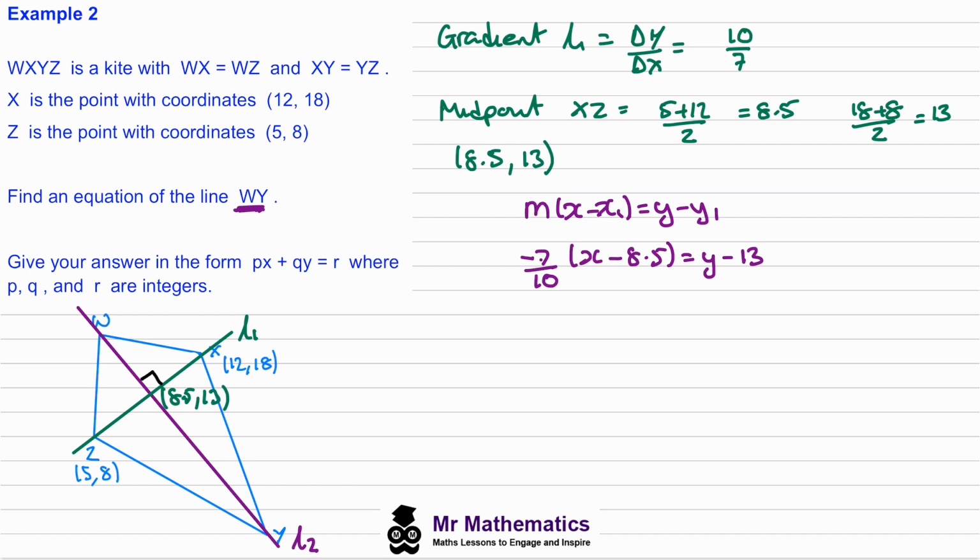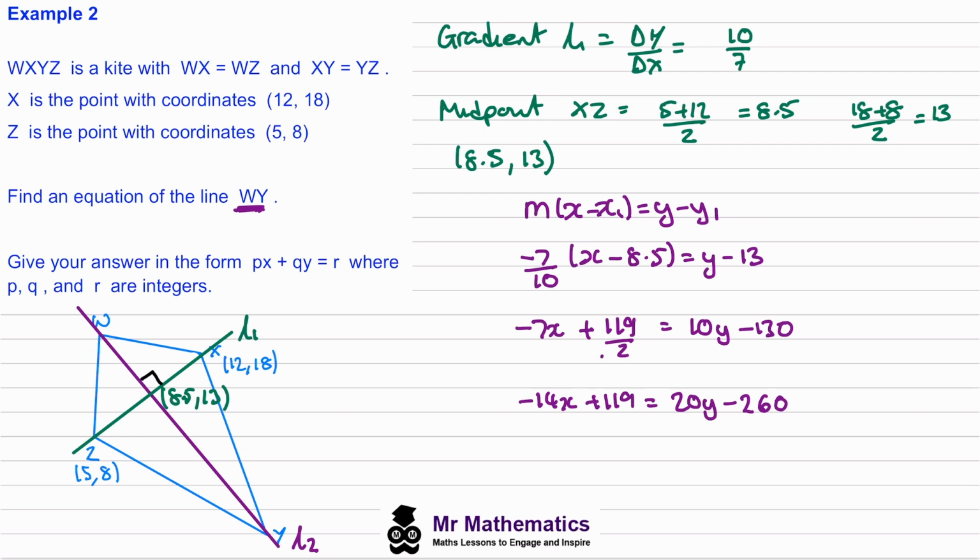So now we can expand out this negative 7 and move the division of 10 to the right-hand side. So we've got negative 7x plus 119 over 2 will equal 10y minus 130. We'll multiply everything by 2 to cancel this division. So we get negative 14x plus 119 will equal 20y minus 260.